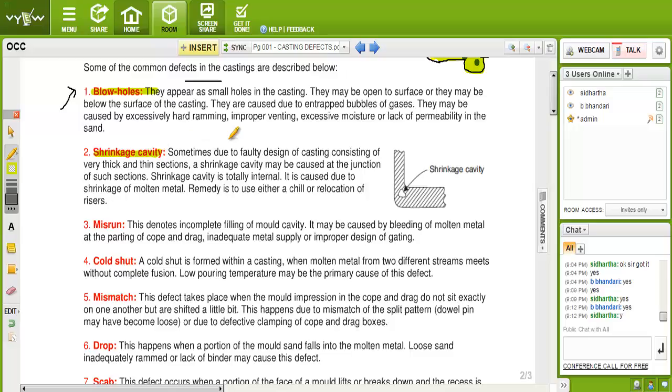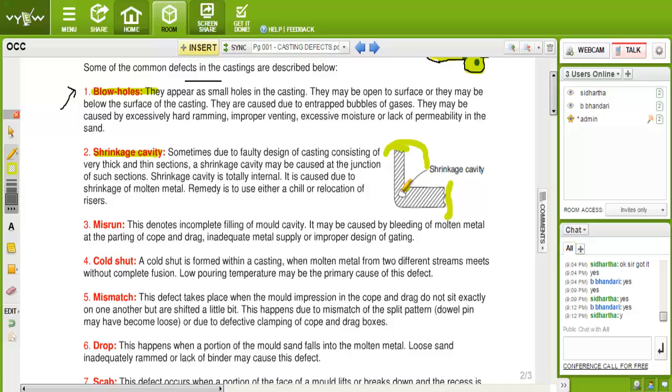What is a shrinkage cavity? Sometimes due to faulty design of a casting product with very thick and thin sections, a shrinkage cavity may be caused at the junction of such sections. A shrinkage cavity is totally internal. See this. We make a design where the lower section is thicker and the upper section is thin.